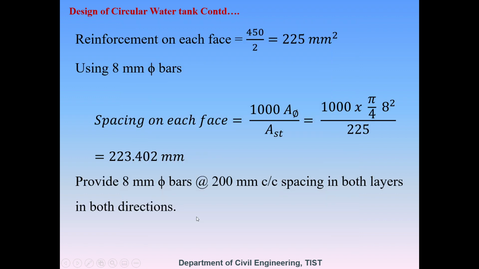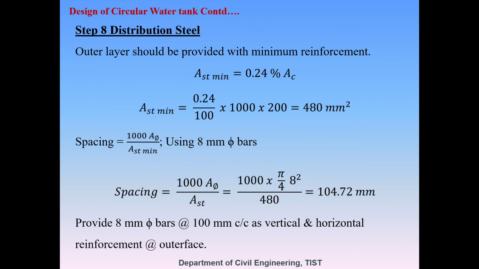The distribution steels are provided in the outer layer with the minimum reinforcement. Minimum reinforcement is 0.24% of area of concrete. That is AST minimum, obtained from 0.24 divided by 100 into 1000 into 2000. Area of concrete is 1000 into 2000.